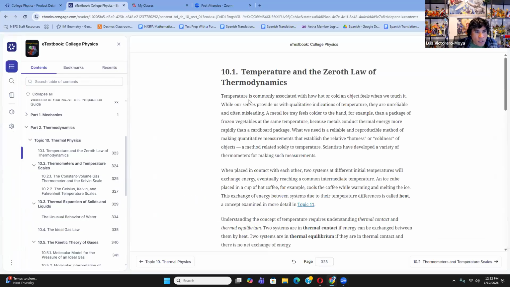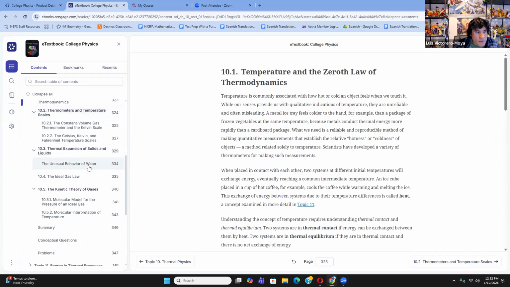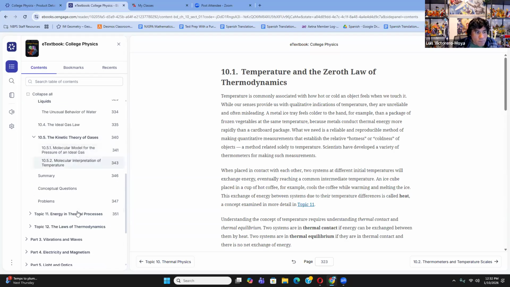So this is the Serway textbook that you can find online. Chapter 10 has the temperature scales, the ideal gas law, and some of the kinetic theory of gases. Now, I will be covering this more with problems on the next video, okay?